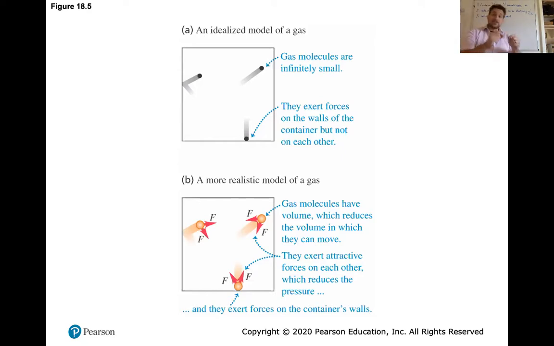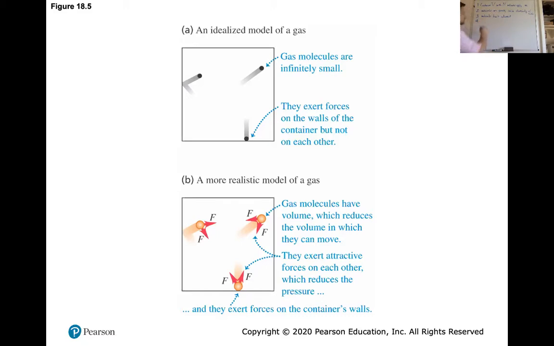If there's any separation between them at all, yeah, that there's no intermolecular interactions apart maybe from an elastic collision, just 2 marbles hitting each other, no extra forces, no gravity, nothing like that.